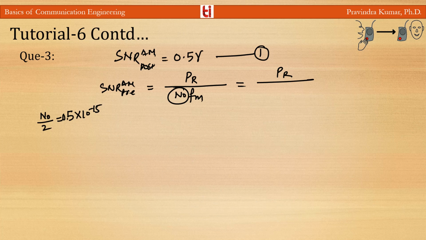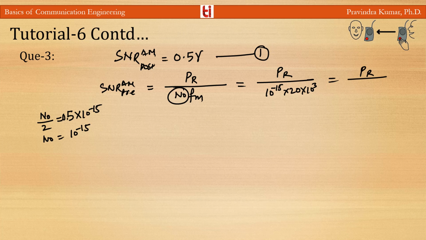So N naught will be 10 to the power minus 15, and FM is 20 kilohertz. So it is 10 to the power minus 15 into 20 kilohertz, so it will be received power divided by 2 into 10 to the power minus 11.